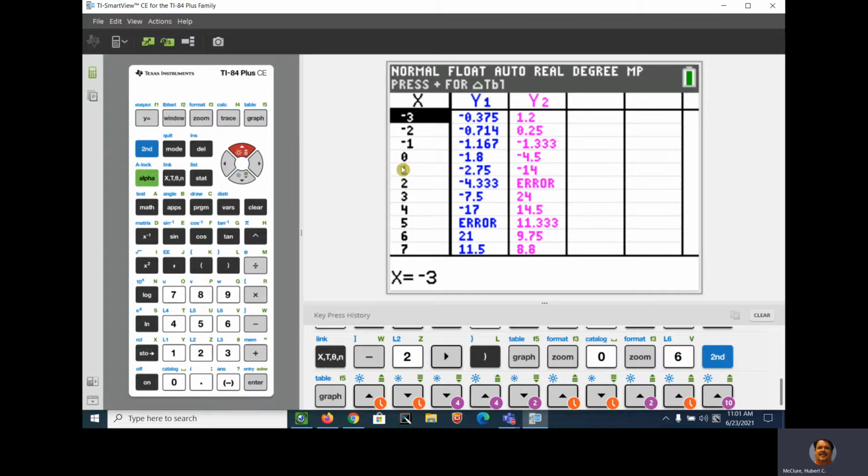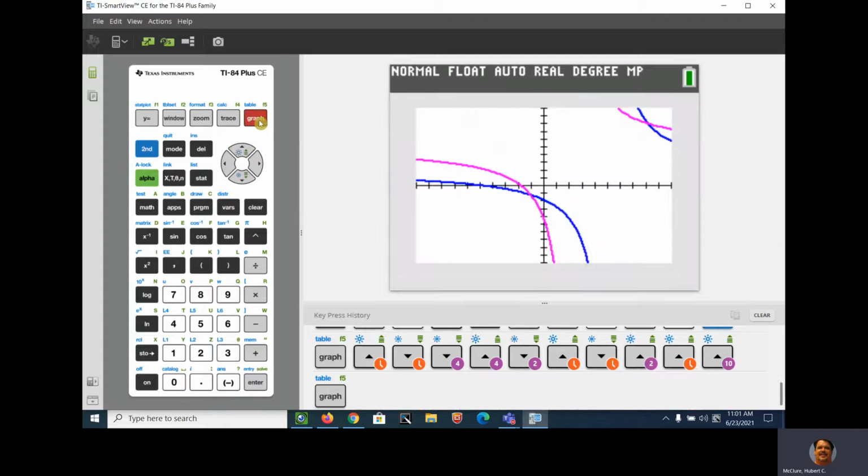Anyway, a one-to-one function means the x and the y is equal to the y and the x. And that's what gives you this mirror image of each other. See how they're mirror images of each other? Because the x for the pink is the y for the blue, and the y for the pink is the x for the blue. And it's vice versa. So that's how you get the mirror image of it.